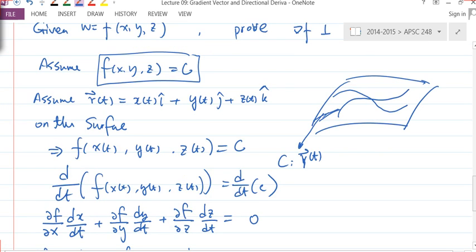So if I pick an arbitrary point here, this point is on this curve, and I can draw a tangent vector at this point to this curve, and I can draw another tangent vector to this other curve at this point.